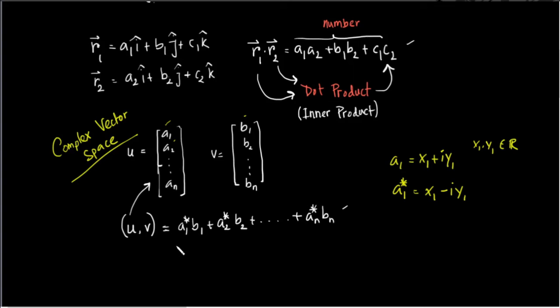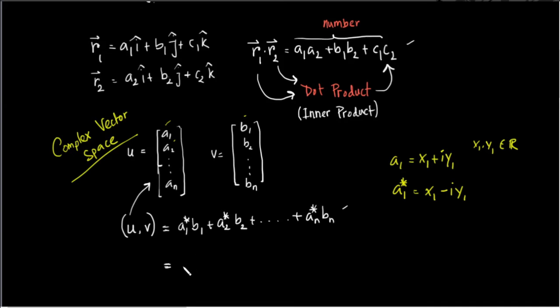So we can actually write this line a little more compactly. We can write this as a matrix multiplication. How?